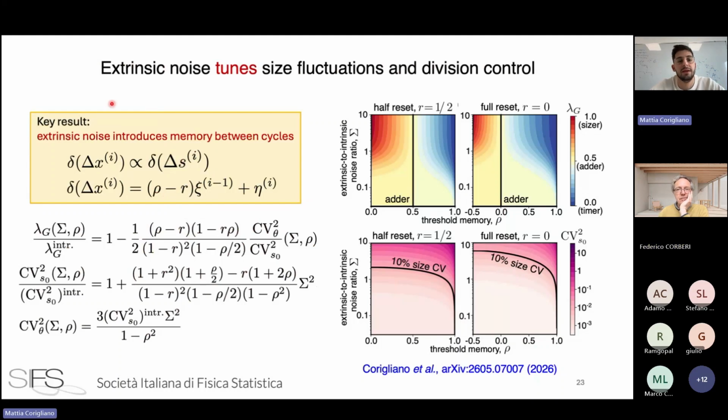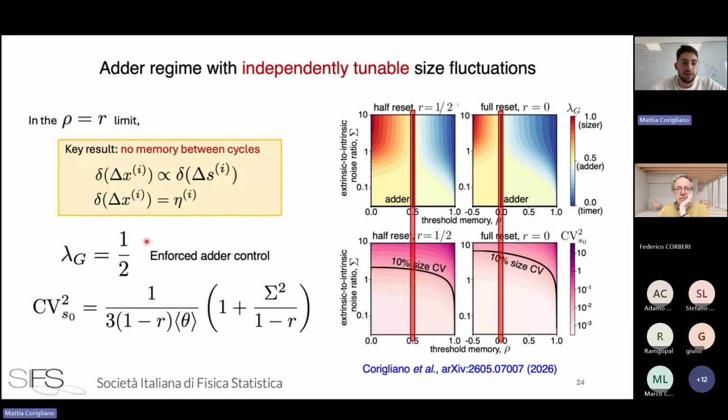I'm basically done. Okay. So just to conclude, we found a regime in which, when rho is equal to 1, you have adder control, but you can independently tune size fluctuations. So basically, you are solving the problem we had at the beginning, because we can have an adder, and we can tune size fluctuations so as to fit the data.